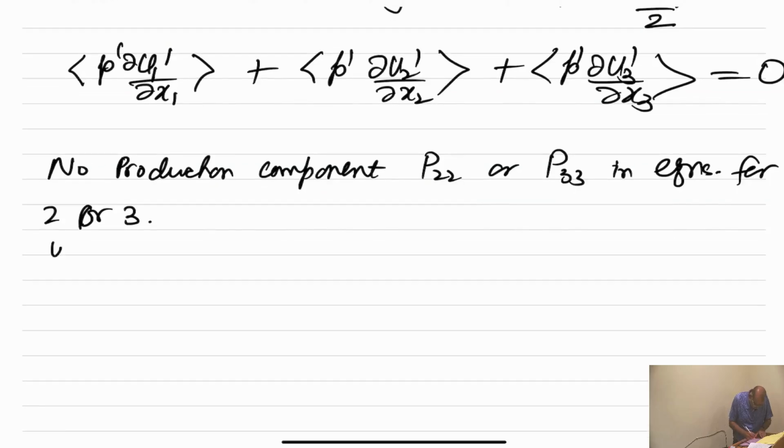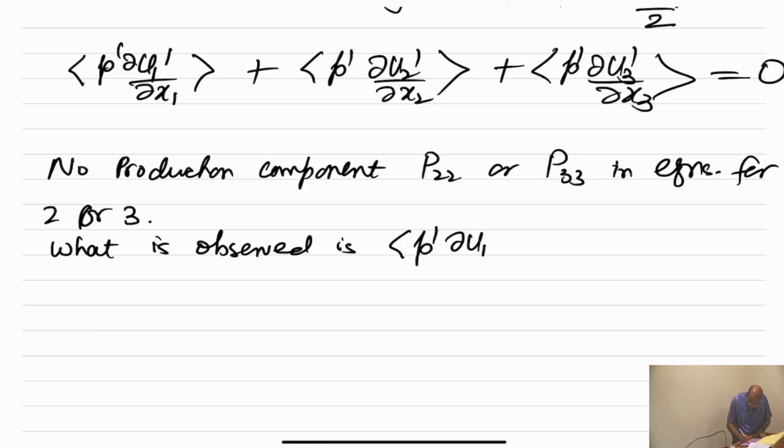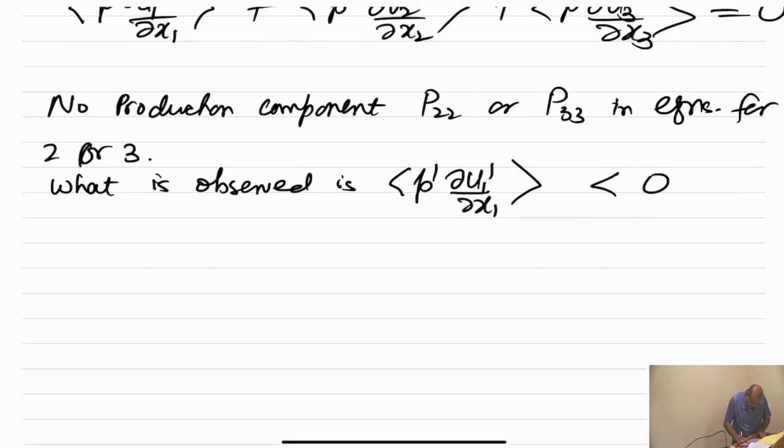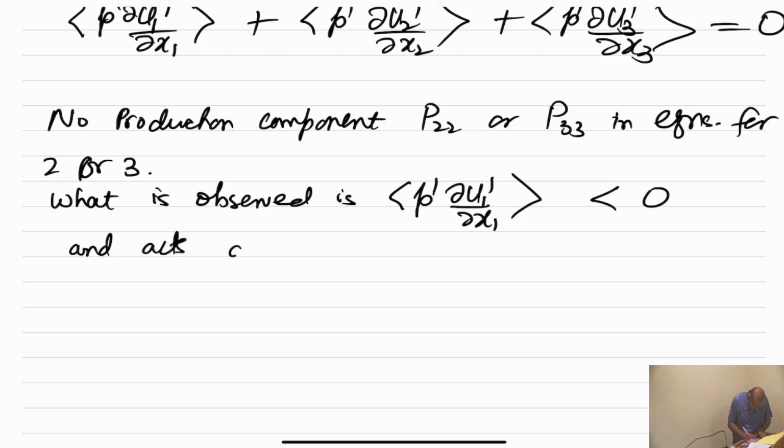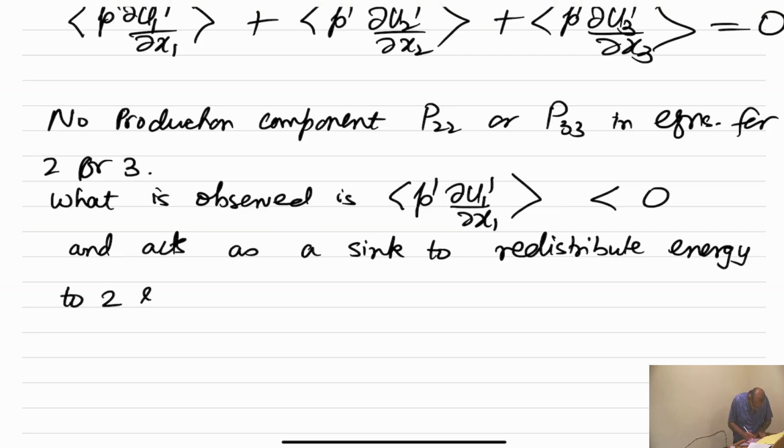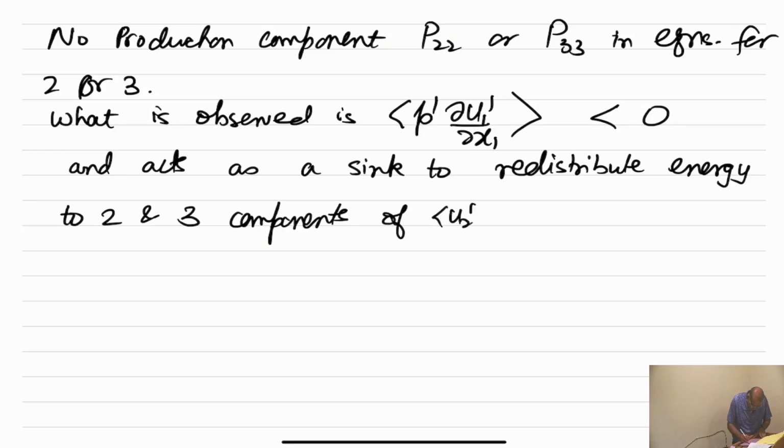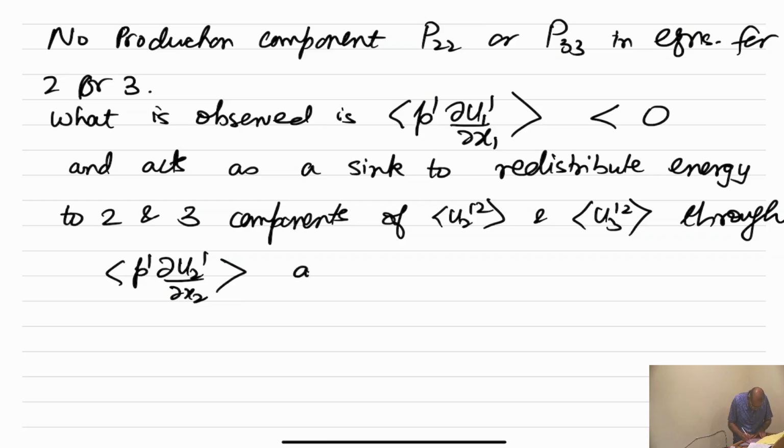What is observed, I'm writing what I've just said, is that P prime acts as a sink to redistribute energy through P prime du2 prime dx2 and P prime du3 prime by dx3 respectively.